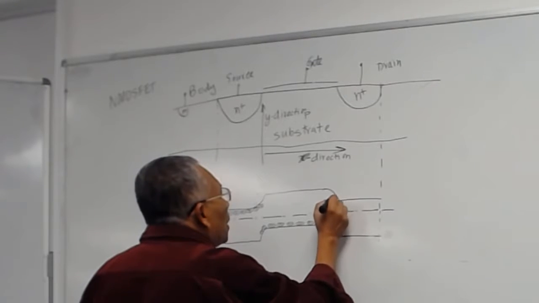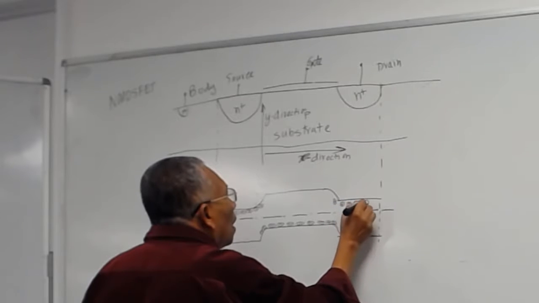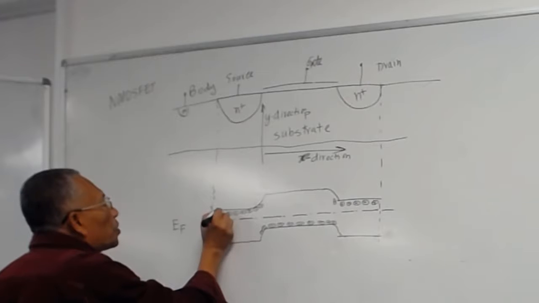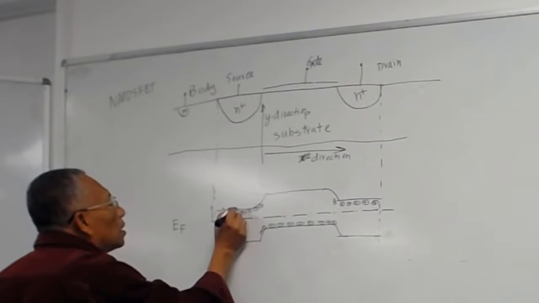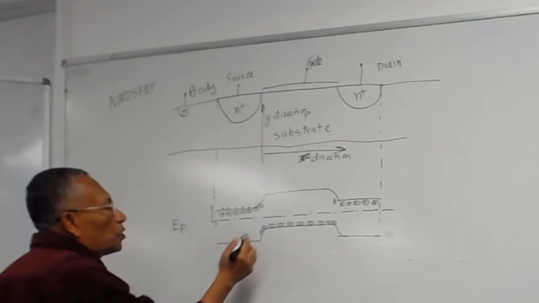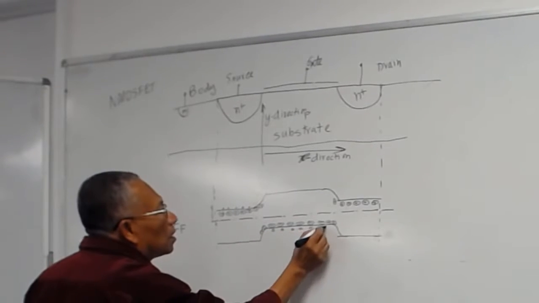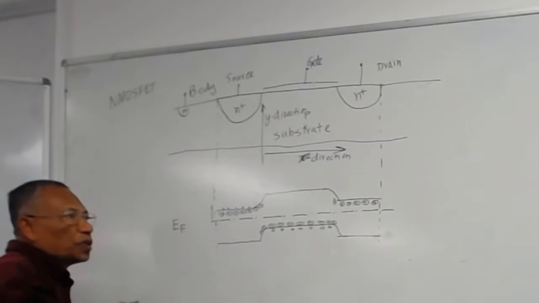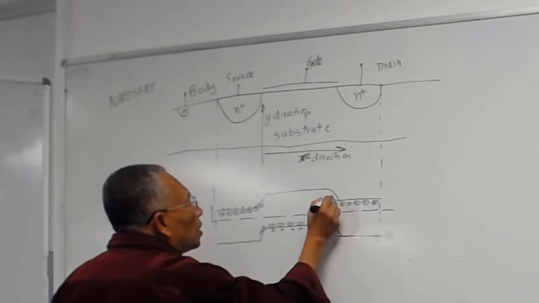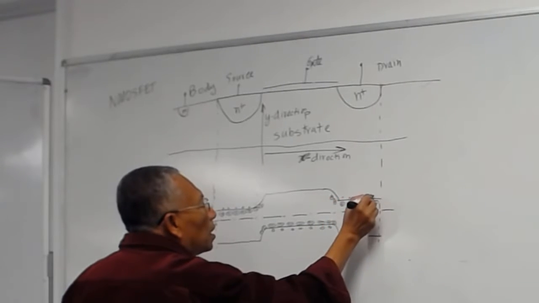This is N type here. And then you have your electrons here. Here is depletion region, so no electrons. Then you have holes here. Depletion region, so no holes. Then here you draw your electrons. Depletion region, no holes, no electrons. Electrons here, here, here.